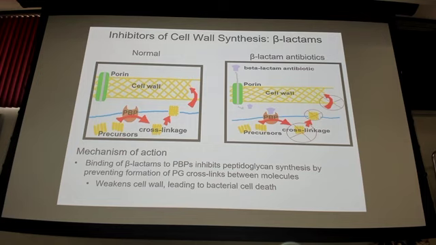So it's not going to destroy an existing layer that's already intact. But bacteria have to constantly maintain and upkeep that peptidoglycan layer. So this is what is screwed up in that process. It's the maintenance and synthesis. And the other implication there to point out is this definitely affects rapidly replicating bacterial cells more than it does cells that are not dividing. If they're not dividing, they're probably not making peptidoglycan as much.